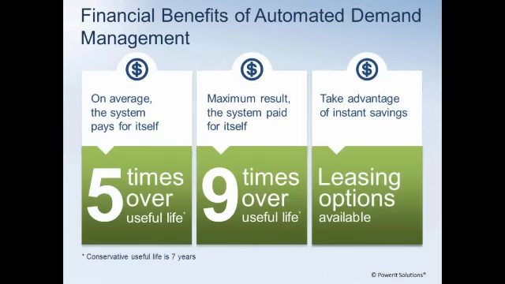There's some financial benefits that can be derived. Typically, the system will pay for itself a minimum of 5 times over its useful life. Maximum savings can be 9 times what you may have paid for the system, and they do have some leasing options available.